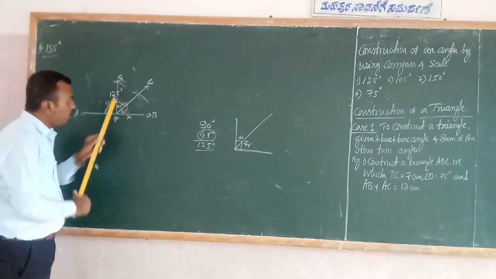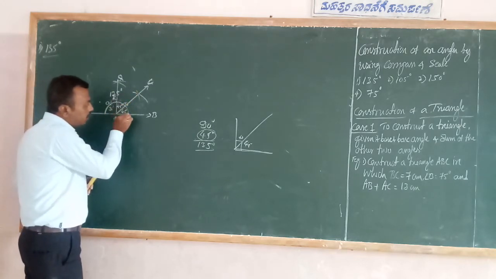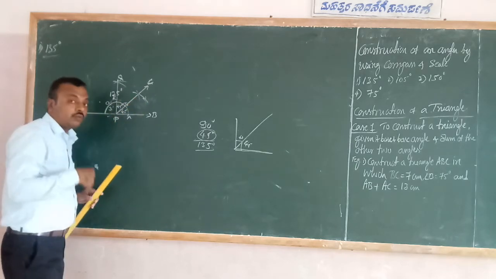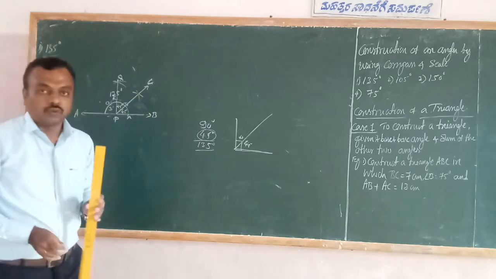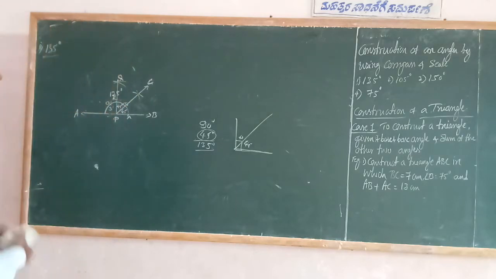Again bisect the 45 degree. Keep on the point M, cut the arc and join it. So this angle becomes 22 and a half degree. Try it at home. Did you understand how to construct the 135 degree?